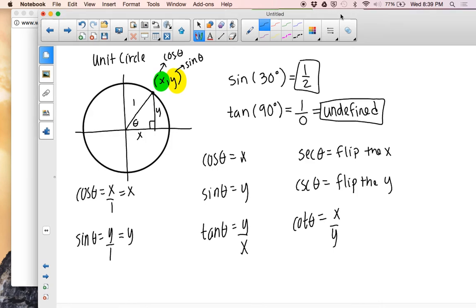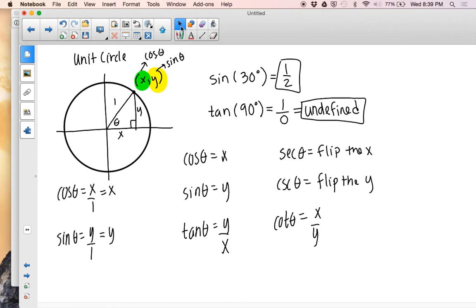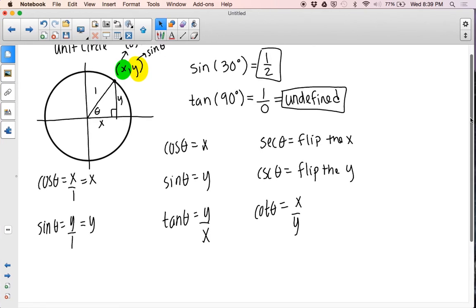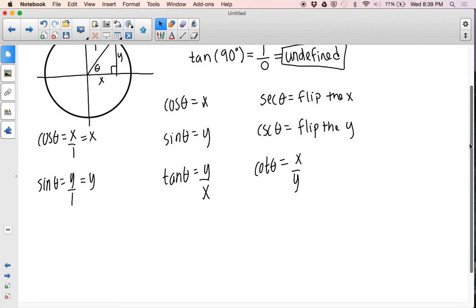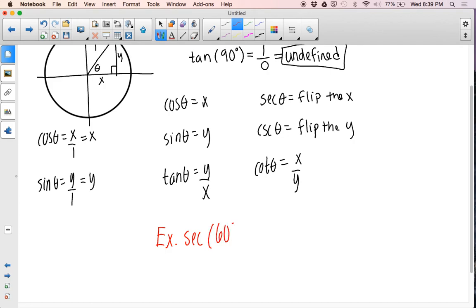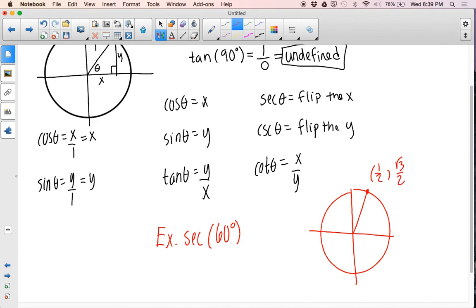So an example of what I'm talking about is, let's say I ask for secant of 60 degrees. I go to my unit circle and think about 60 degrees. 60 degrees is up here, so the point is 1/2 comma square root 3 over 2.